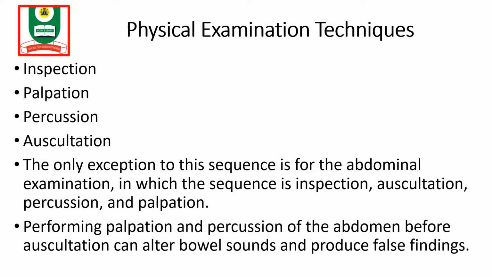So in most cases, when you are examining the abdominal region, you first of all do your auscultation before you do your palpation and percussion. In other words, you first of all do inspection. When you are doing an abdominal examination, you do inspection, you follow it by auscultation. Inspection, we'll look at it in detail later on. You first do your inspection, followed by auscultation, then palpation and percussion.